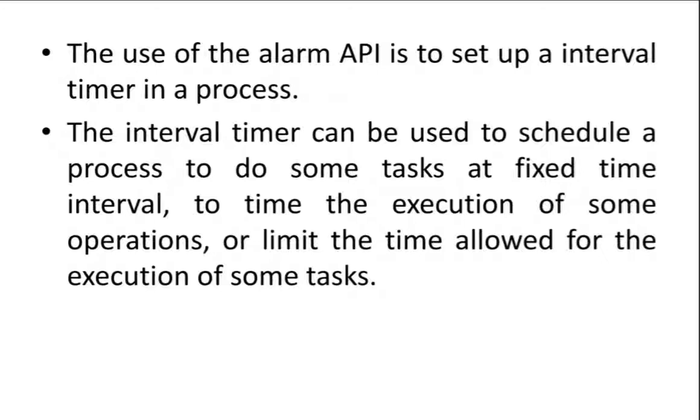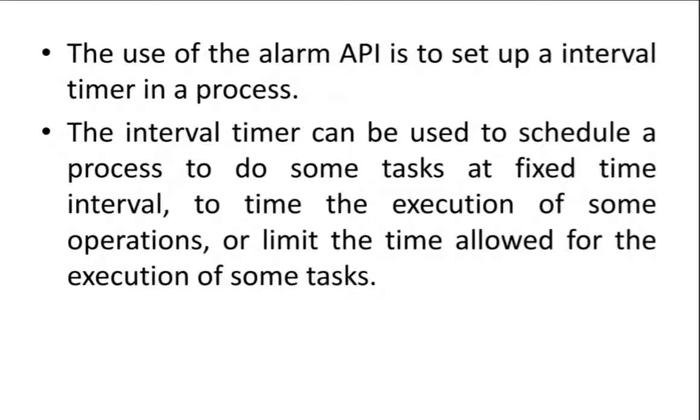Suppose you want to complete your task within a stipulated amount of time, you can do that. For example, assume that I want to do some task in 10 seconds, I can specify the interval using this interval timer. That means within the 10 seconds the process should be completed.